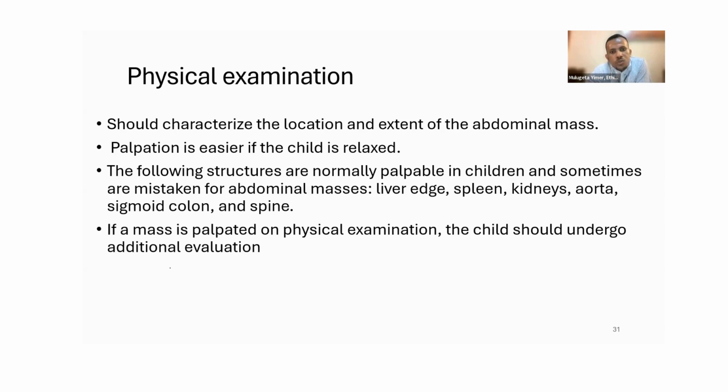It's always good to know which structures are normally palpable, at what age, and what is the limit. That will help you to differentiate what's normal from abnormal. So if any mass is palpated on physical examination, that should be investigated. That needs additional tests, okay? Any palpable mass, whether the child has additional symptoms or not, needs a proper evaluation and investigation.